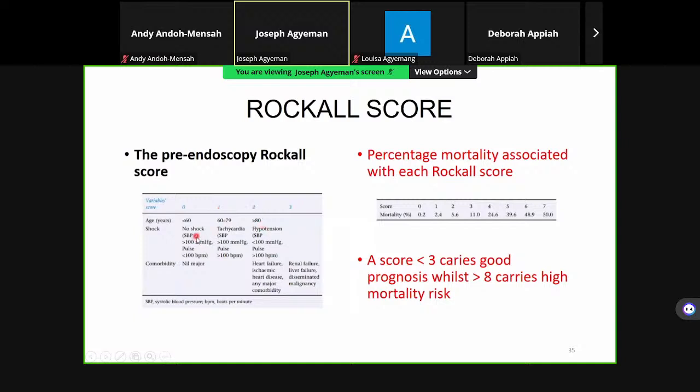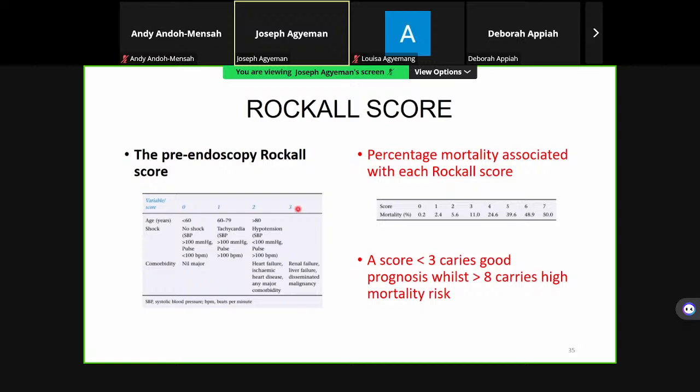If you have signs of shock, tachycardia and those things, meaning the systolic BP has reduced and therefore there is reflex tachycardia, possibly as a result of hypovolemia from the excessive bleeding, you score 1. If you have hypotension, you score 2. Then if there are comorbidities like heart failure, ischemic disease, whatever, you score 2. Renal failure, liver failure and disseminated malignancies, you score 3.